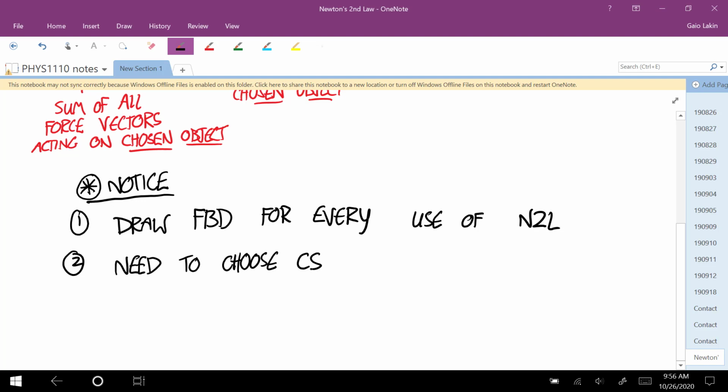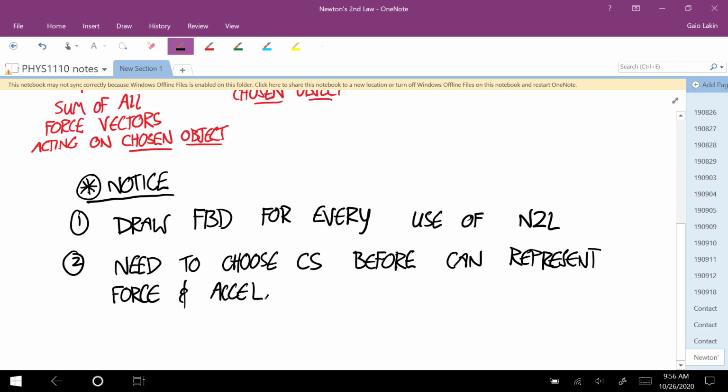So you need to choose a coordinate system before you can represent force and acceleration vectors as components.